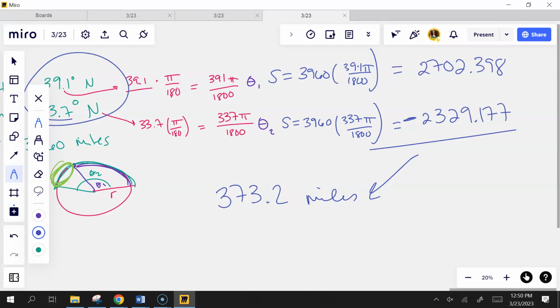But you still get 3960 parentheses 391 divided by 1800 close parentheses times pi. I got 2702.398. I was just multiplying 3960 times 391 and then.